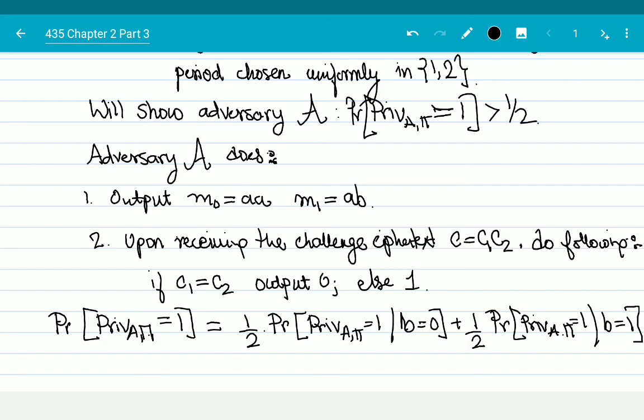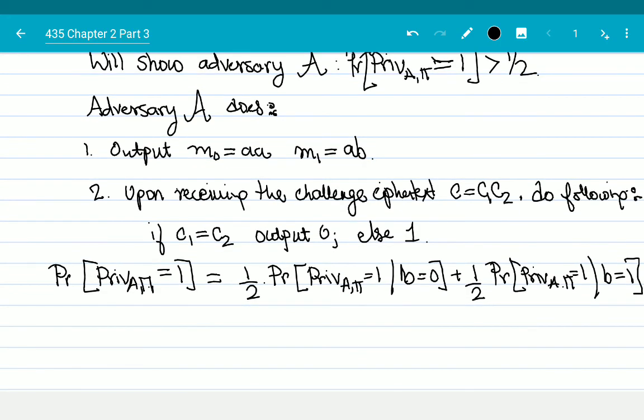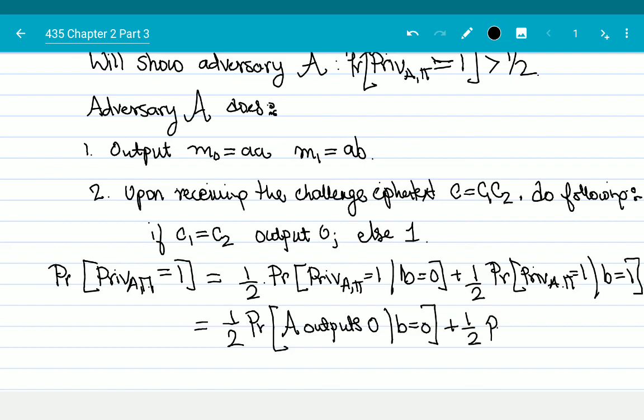Okay, so which is equal to, well, 1/2. What does it mean? How am I succeeding? In the first case, if my experiment succeeded and B is equal to 0, that means A outputs 0 and B is equal to 0, plus 1/2 probability A outputs 1, B is equal to 1.